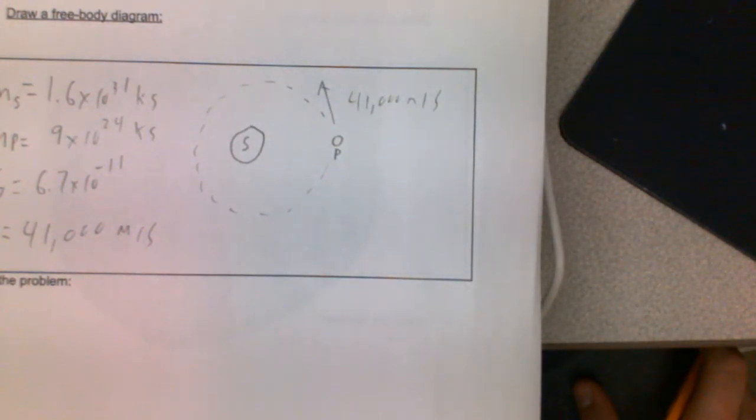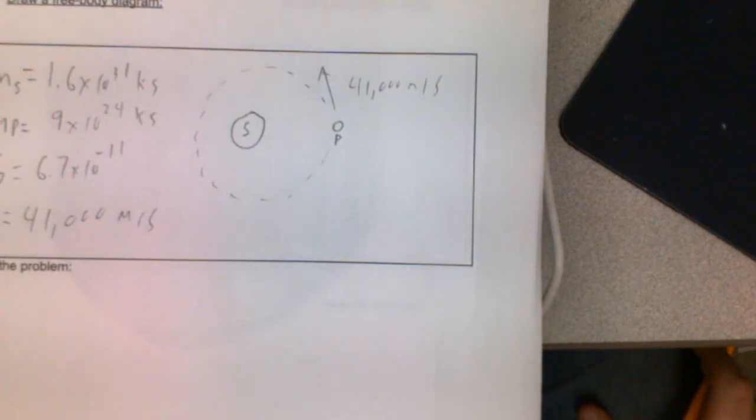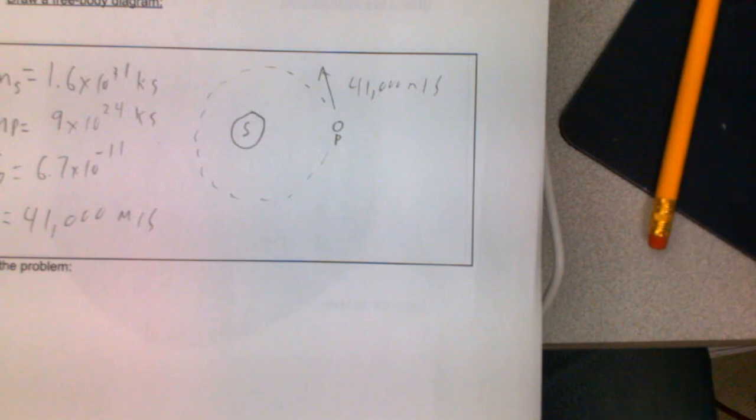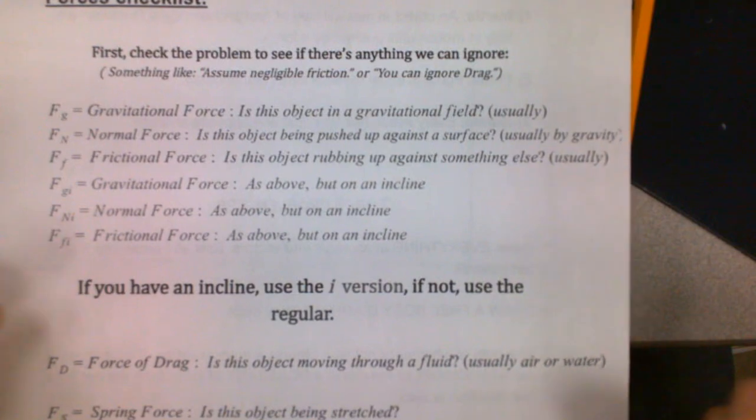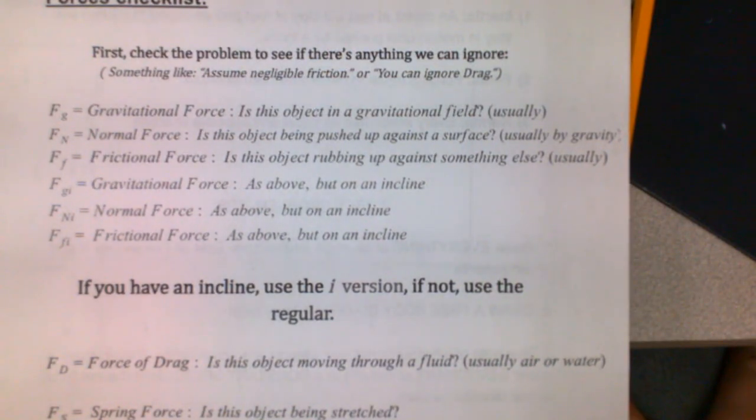So, that's cool. Let's take a look at what we've got going on here. Looking at my equation sheet and reference guide, let's take a look at our checklist. Anything we can ignore? Not really.